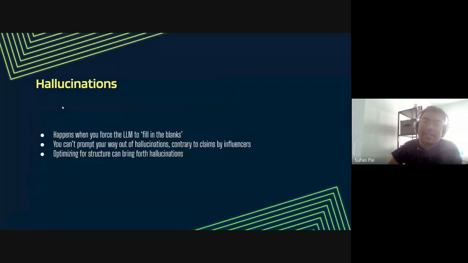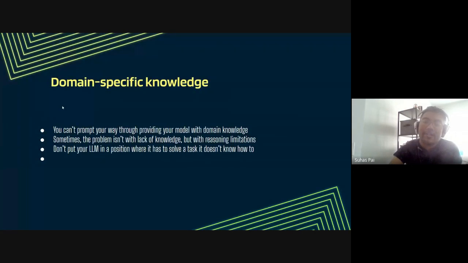So the other thing is the domain specific knowledge that is required. Again, you can't prompt your way through providing your model with domain knowledge. GPT-4, I noticed some time ago, doesn't understand the concept of a business segment, and it conflates it with the user segment.